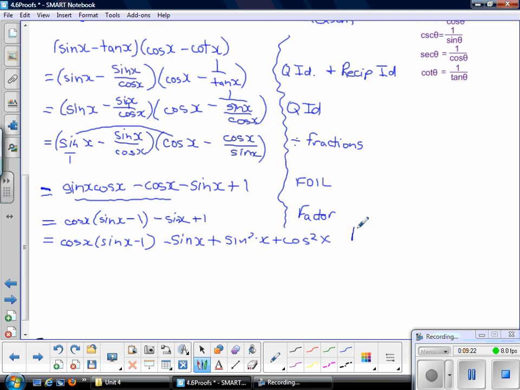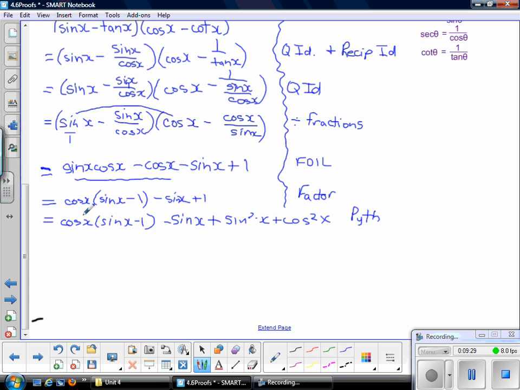Okay, and that was the Pythagorean identity. Now, as I said, we like this, but now when I look at this, well, I could factor something out of that, I suppose.